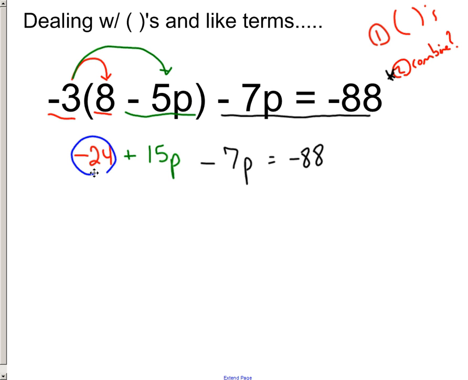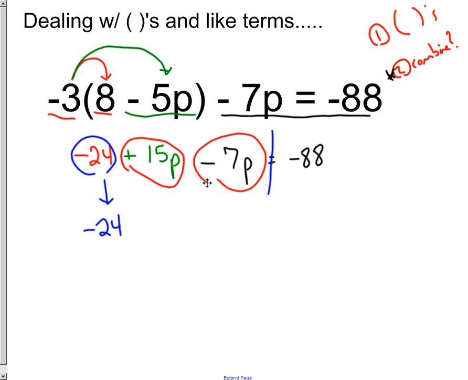There's nothing to combine on the left side of this equation with negative 24. So we can just drop negative 24 right there. Okay. But when I take a look at the second term, the positive 15p, it does have the ability to combine with this minus 7p. So it's 15 minus 7, and it'd be 8. And since they both have p, I'd put a p there. Now, ask yourself this question. What's 15 minus 7? Is it positive or negative? It's positive, so guess what I put in between here? Positive sign.